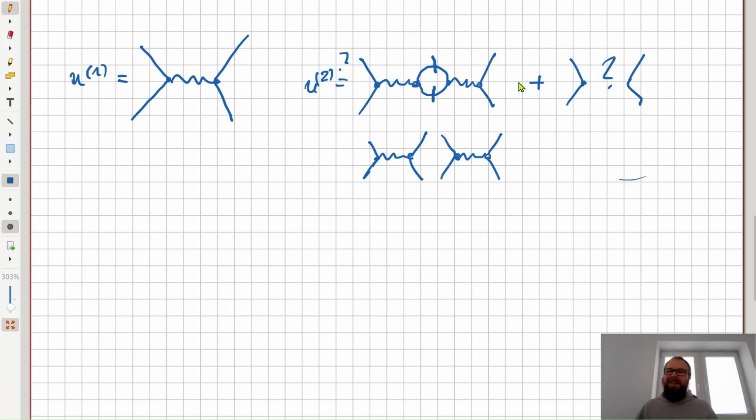And you can imagine a higher order term where you would stick in more of those. So you can imagine that you have a whole infinite series of these that look like this. So there is a pattern here.